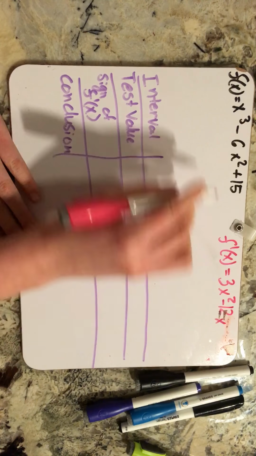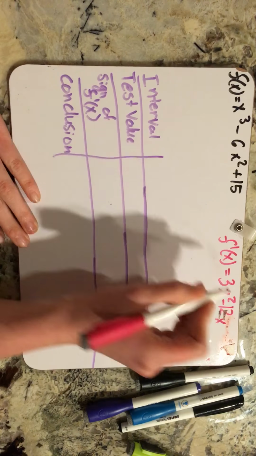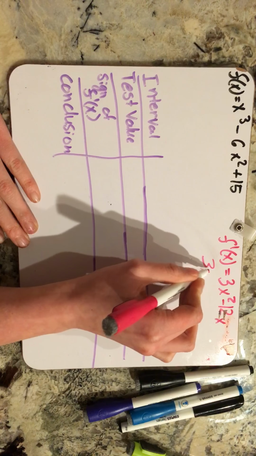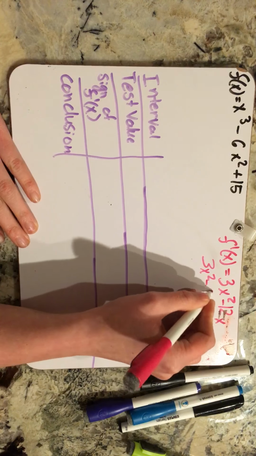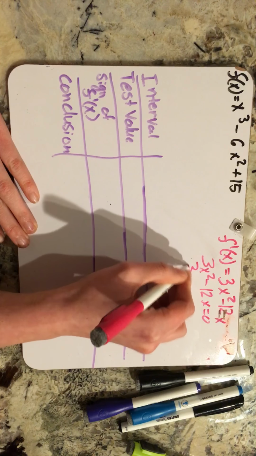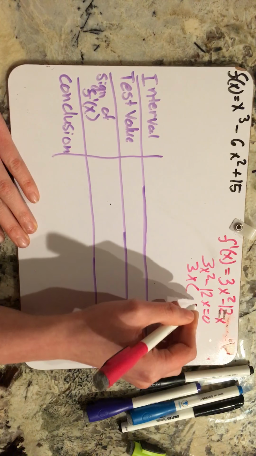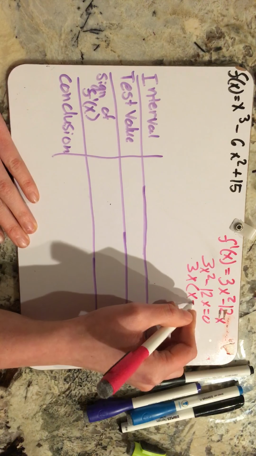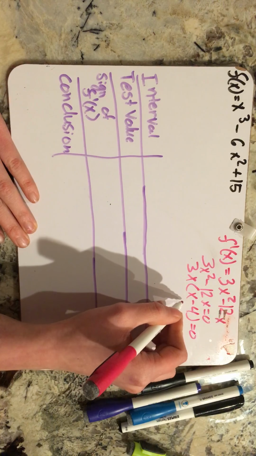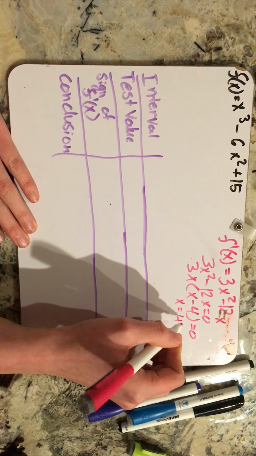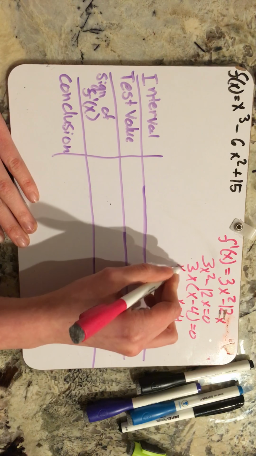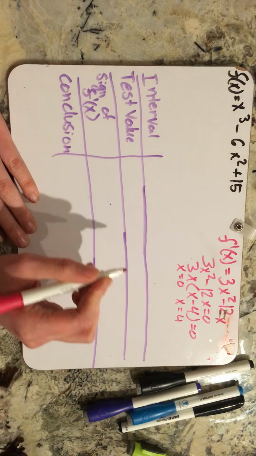Then we're going to set it equal to 0 for the zero product property. I'm going to factor out a 3x here. So then we have x minus 4 equals 0. This is going to be x equal to 4, because I just set that inside part to 0, and this is going to be x equal to 0.